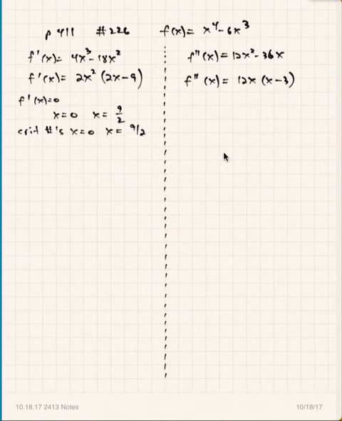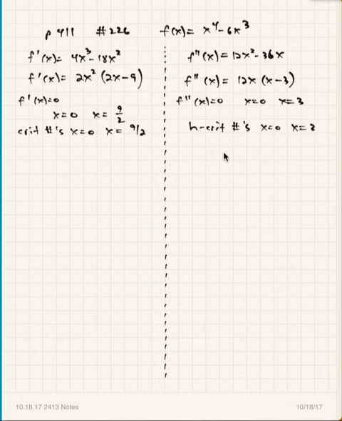We don't have to worry about the derivative or the second derivative being undefined because these are all polynomials. The second derivative is equal to 0 when x is 0 and when x is 3. And so those are my hypercritical numbers, at 0 and at 3.